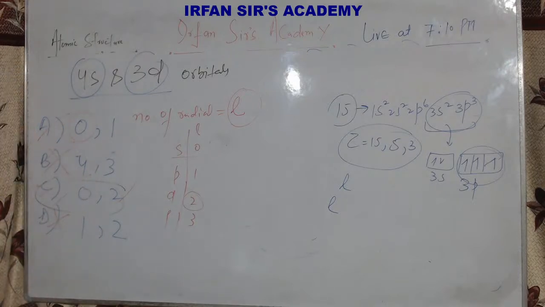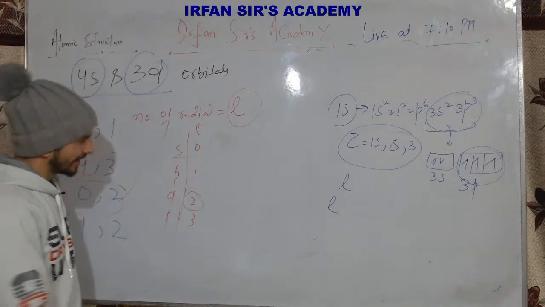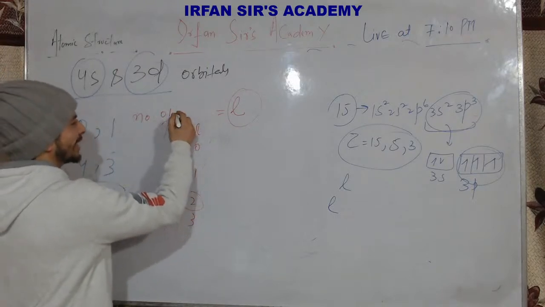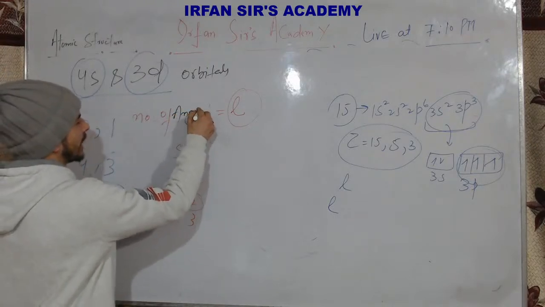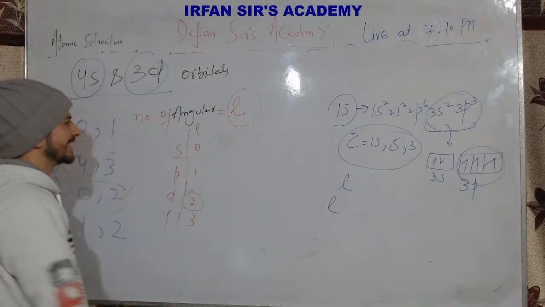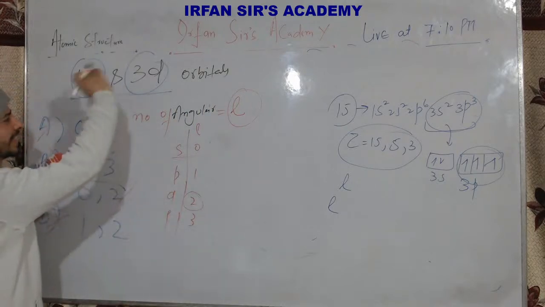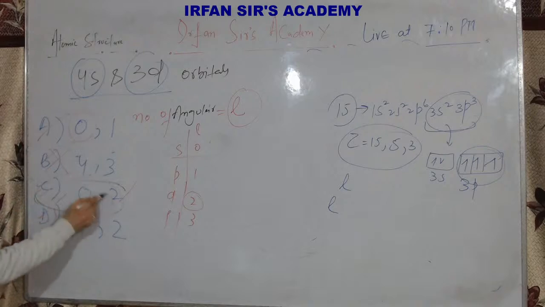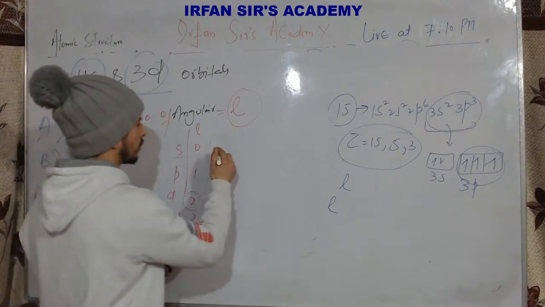Sorry, this is the formula for angular nodes. If I am asking for angular nodes, this is the right answer. For radial nodes, it's the wrong answer.